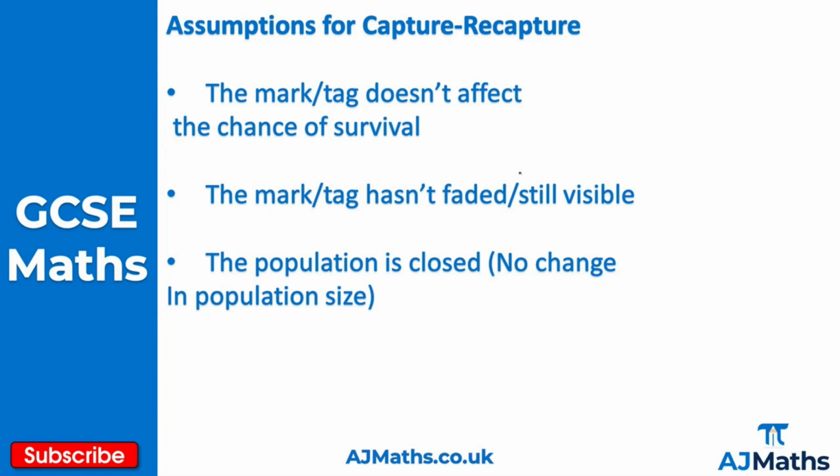If I put a dye or a bit of paint on an animal, we don't want that to affect its chance of survival. If they're out in the wild and I put a big bright color on that animal, it might increase the chances that it's hunted or caught by a predator. We don't want that.